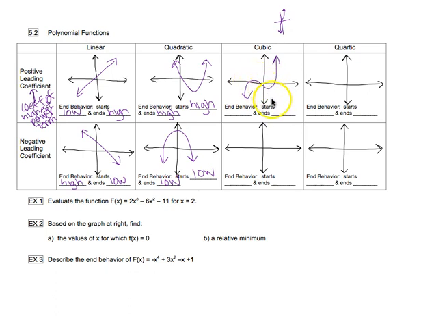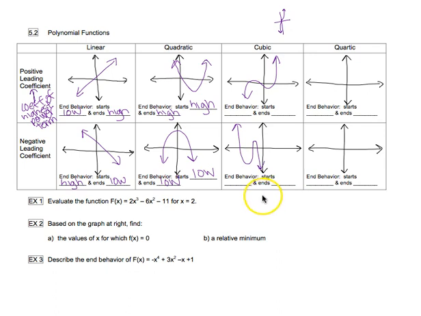They're just like the little roller coaster hills and valleys that we get when we get higher exponents. How steep these are is going to vary. So you could have a cubic that looks like this. This would have a negative leading coefficient, but you can see how this hill is really skinny and this valley is a lot fatter. That doesn't matter.